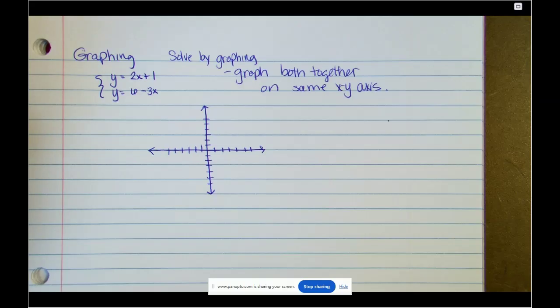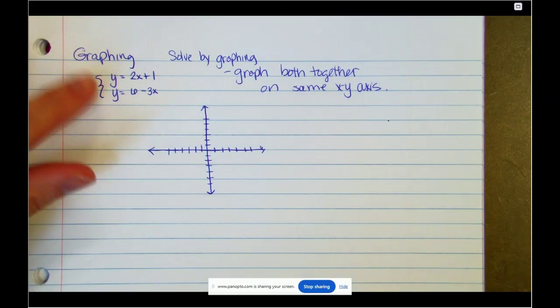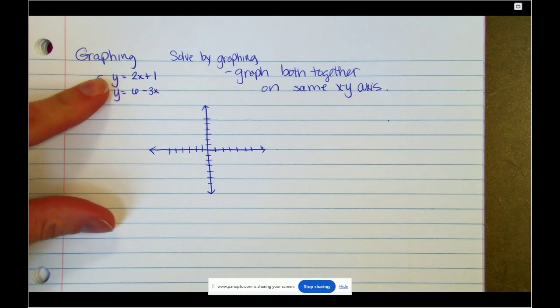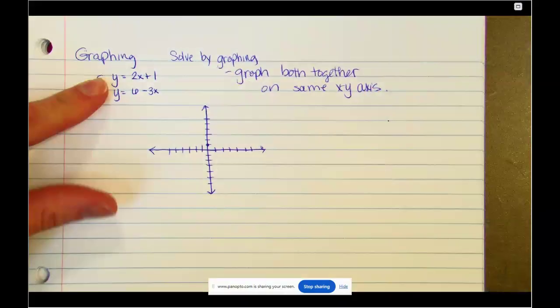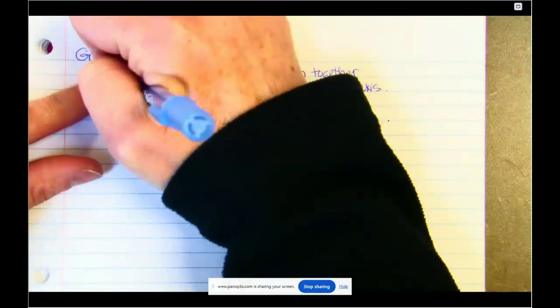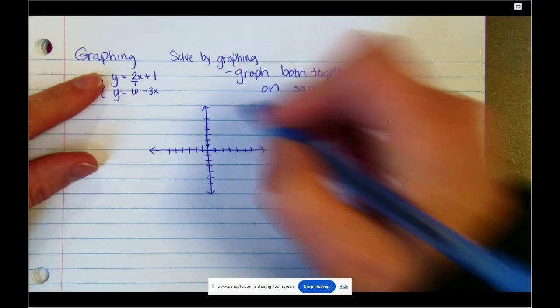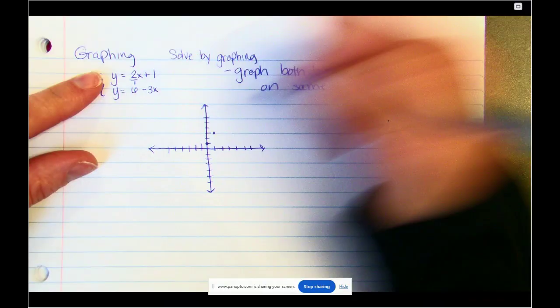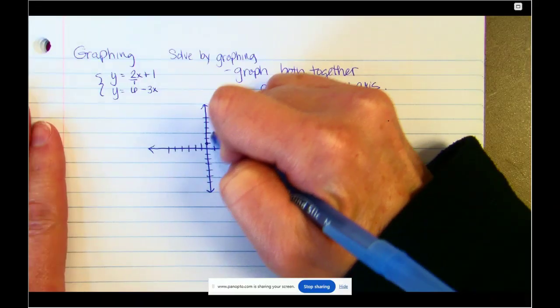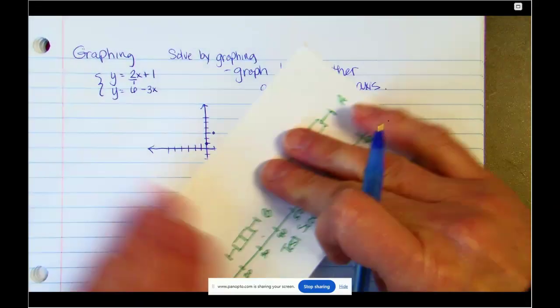You've got to remember how to graph things. For the first one, what's his y-intercept? 1. And the slope tells us to do what? Up 2 over 1, right? Remember that this is a 2 over 1. So up 2, right 1. Okay, and then draw your line.